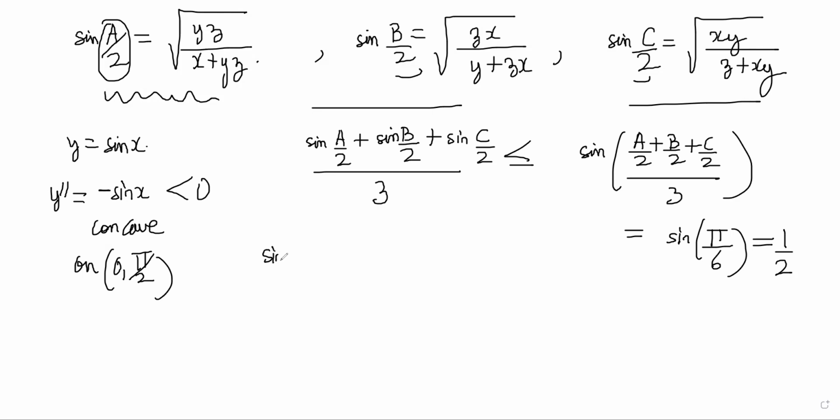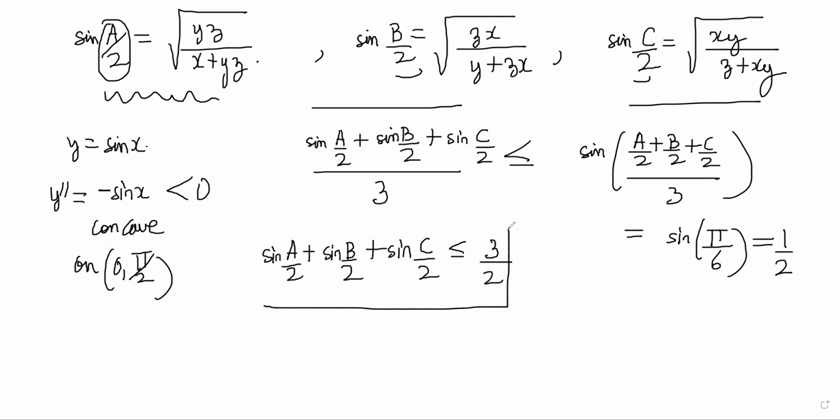So we have sine of A by 2 plus sine of B by 2 plus sine of C by 2 will be less than equal to 3 by 2. And now, since we already know that sine A by 2 and all are equal to root over yz by x plus yz, we have our proof, the required proof, right?